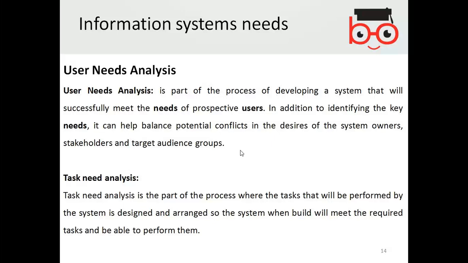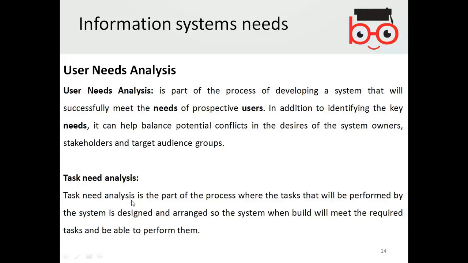So it is necessary to identify the key needs, and you need to focus on the potential conflicts that can arise at the time of system development, where the system owners need what the target audience requires. Those potential conflicts and needs should be identified and balanced. They need to be analyzed in advance so that you can produce a better system.